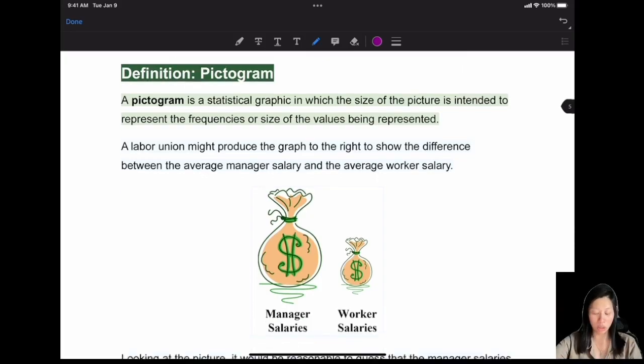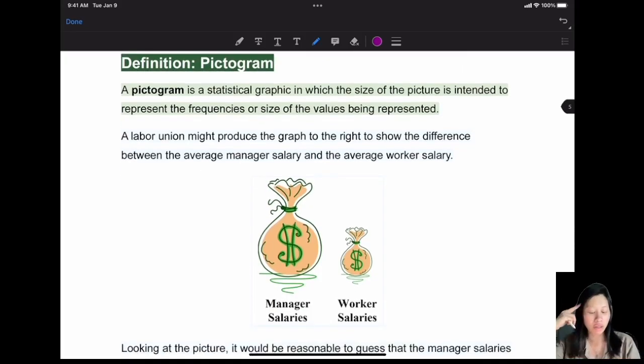For example, a labor union might produce the graph to the right to show the differences between the average manager's salary and the average co-worker's salary. So this is quite straightforward, right? The manager's salary is bigger according to the graph, and the workers' is smaller.